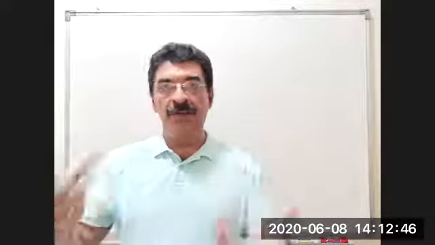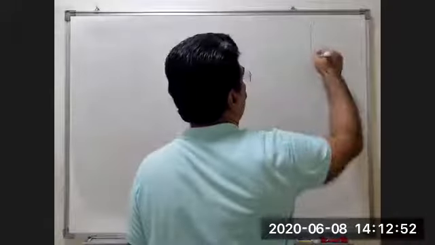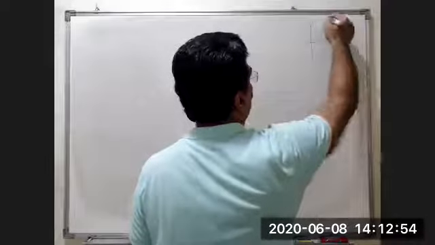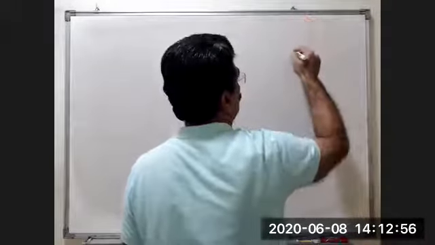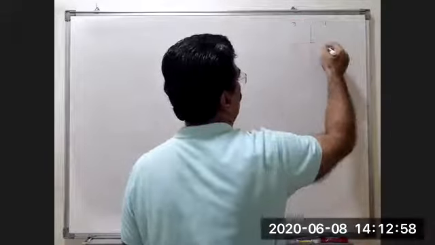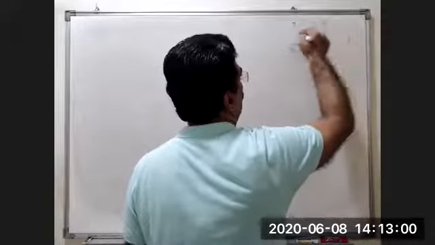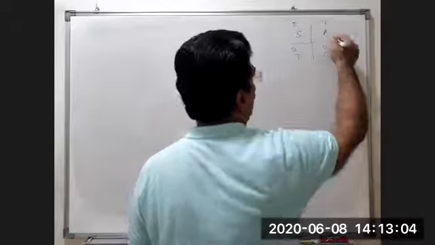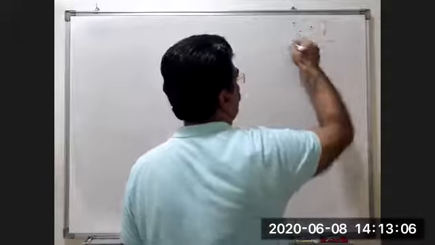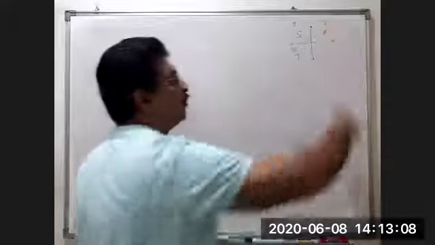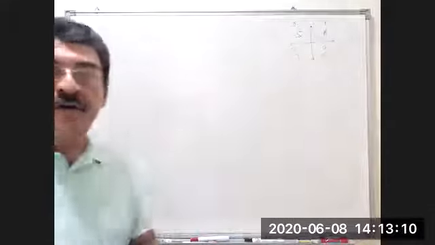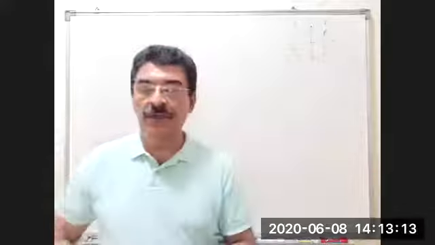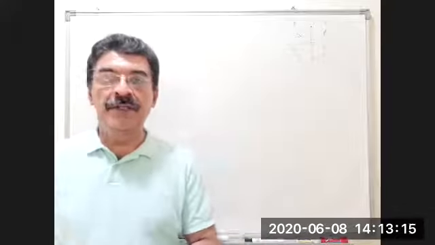Then, a few things to remember when we take quadrants 1, 2, 3, and 4: All Students Take Coffee, or All Children Take Cups. This means in quadrant 1, all functions are positive. In quadrant 2, sine is positive.